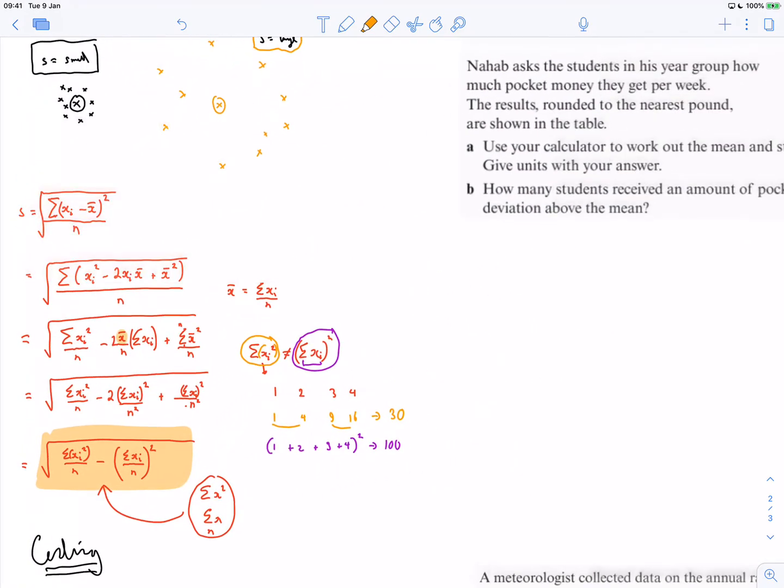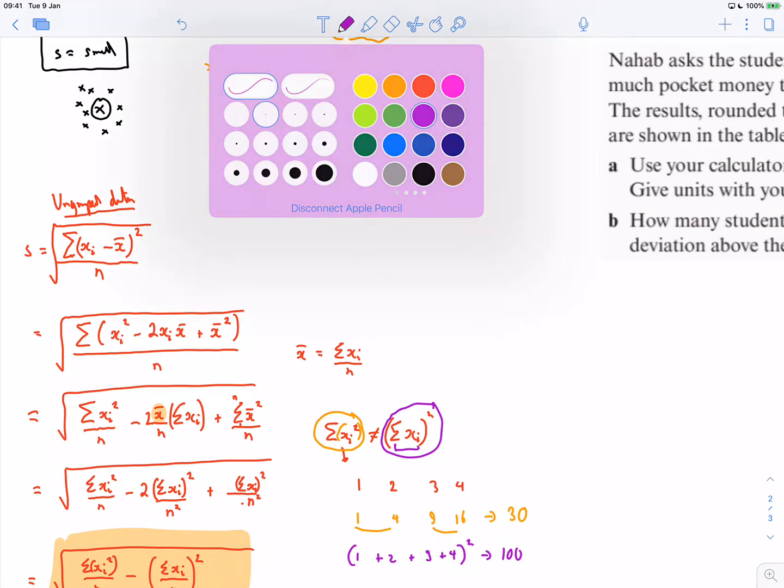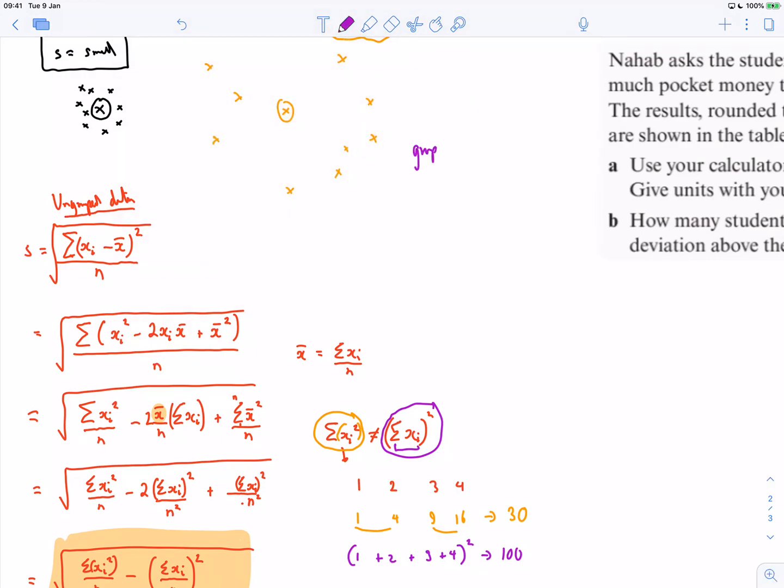Okay, now this is for ungrouped data. Now you can prove pretty much the same way for grouped data. Grouped data is very similar, but in terms of n, there is no n, it's just sigma f now, because you have to sum the frequencies.